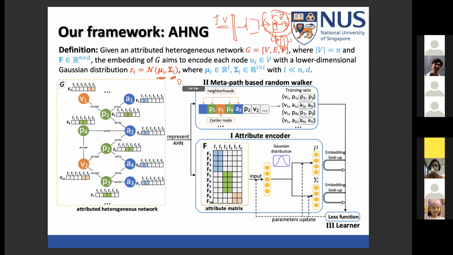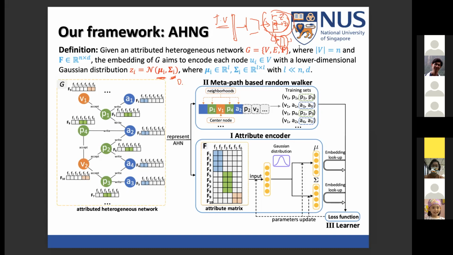No. When I optimize my model, the mu and the sigma are simultaneously optimized. But if you want to do the following task, it's difficult to use them both.